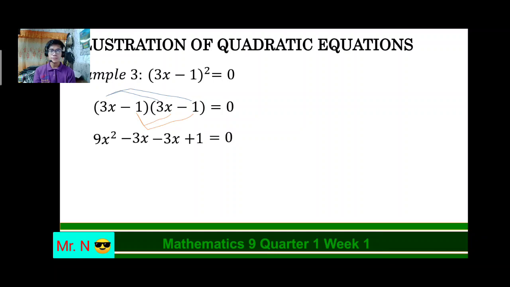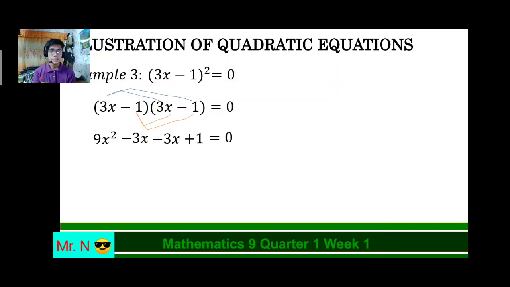Keep the first. The first term is negative 3. Next, flip the operation sign. From minus, it will become plus. Okay? And then, change the sign of the second term, which is 3, positive, it will become negative 3. So now we have negative 3 plus negative 3.